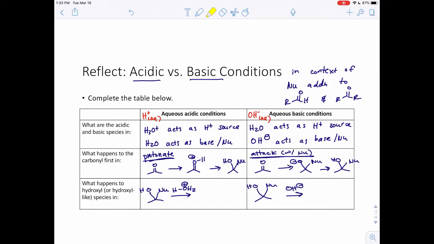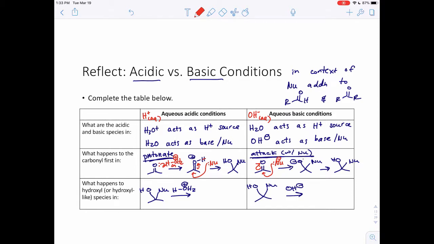What will happen to the carbonyl first in acidic conditions? Well, you're going to protonate it. In acidic conditions, you're going to protonate the carbonyl using the proton source, which is hydronium. Then some weak nucleophile, water, or something else can attack. In basic conditions, what happens to the carbonyl first? It gets attacked by a nucleophile, usually a strong nucleophile. So strong nucleophile.